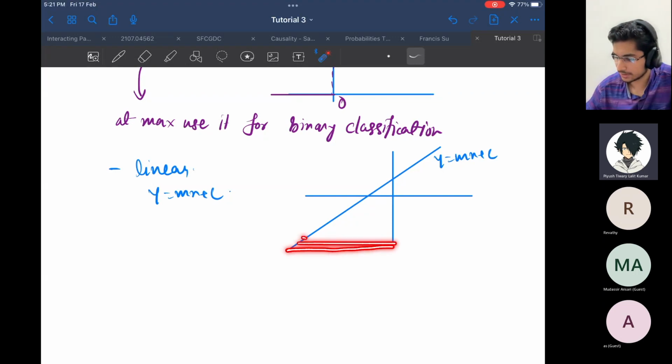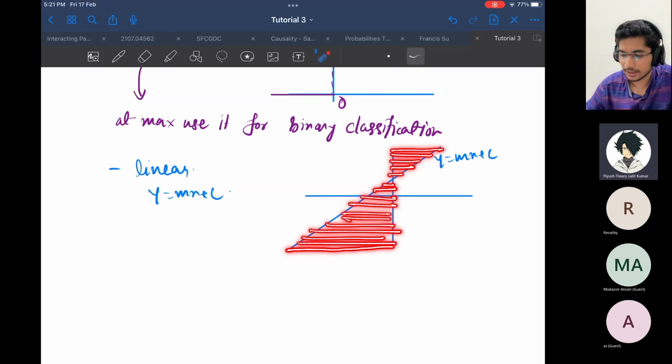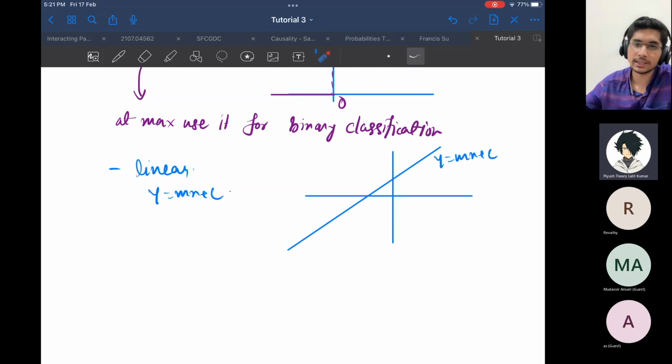In some sense, every point on the real line it assigns a level. That is also not desired, because if we have too many levels, I cannot use it, because I will have some n classes and you are giving me an infinite number of levels. That is not useful to me, right?